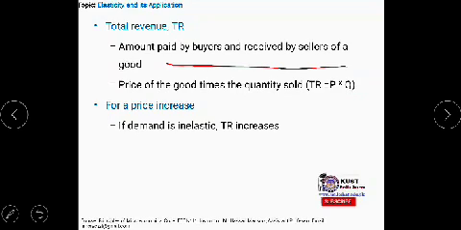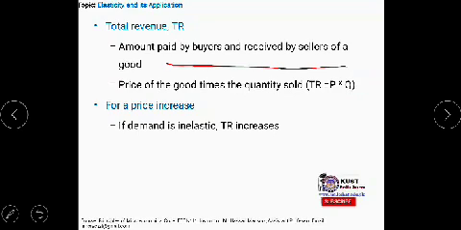Similarly, if the demand for a product is inelastic, then if the price increases, the quantity demanded will decrease, but not that much as the increase in the price. Similarly, if the price reduces, the increase in quantity will not be that much as the decrease in the price. So we have elastic demand and we have inelastic demand.